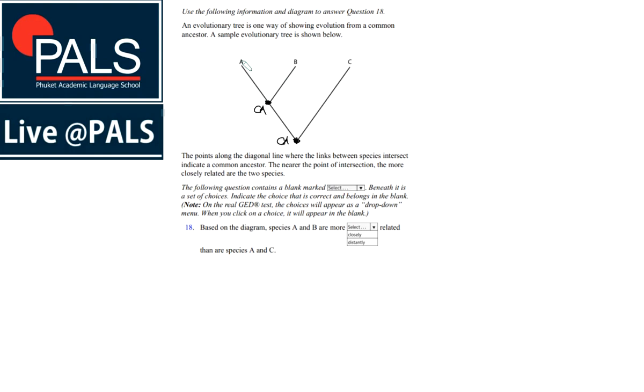So we can see that A and B have a more recent common ancestor in time, and therefore species A and B are more closely related to each other than A and C. In general, if we have a cladogram like this, the further we go down, the further we go back in time. So this is the past, and on top where we have all the species listed, this is basically the present.